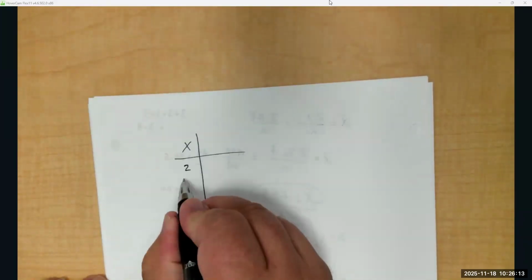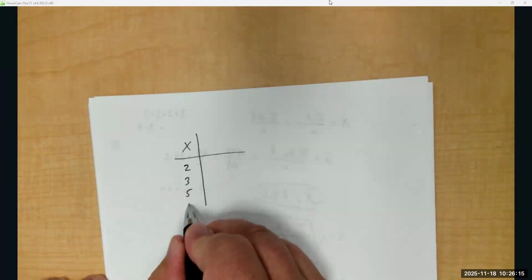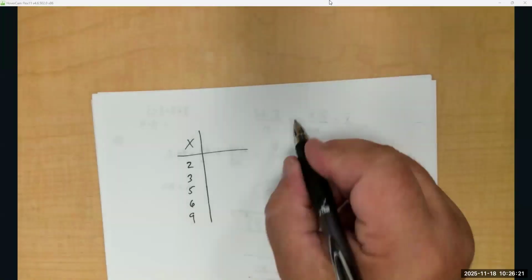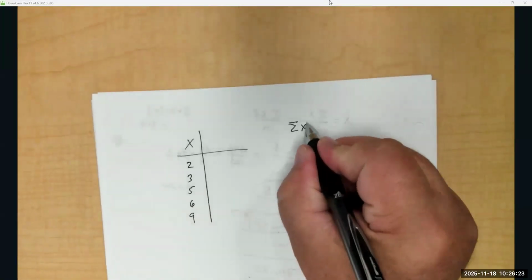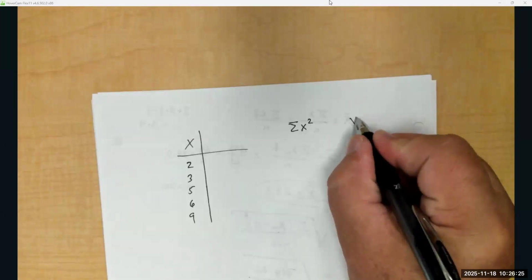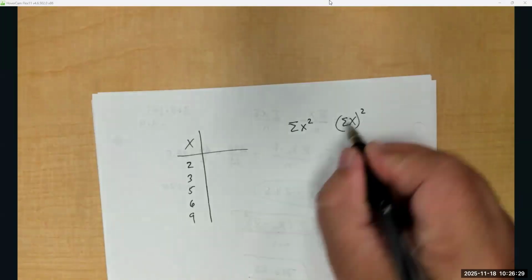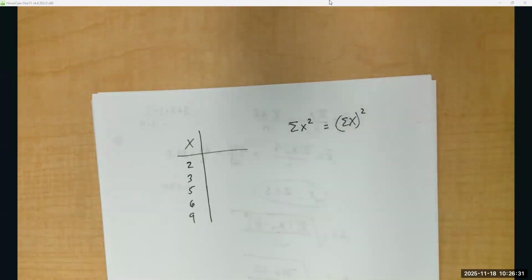Let's look at this. 2, 3, 5, 6, and 9. Let's see if both of these are the same.